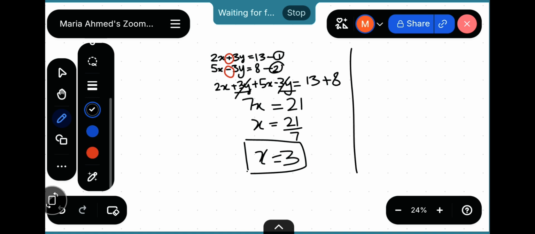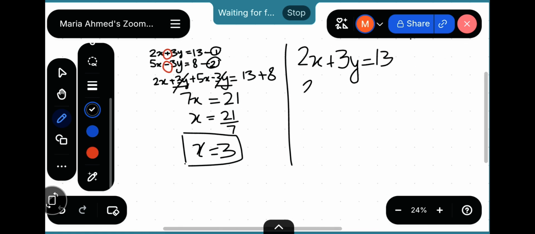Now we need to work out the value of y by substituting the value of x in any one of the equations. We can substitute it in equation 1 or in equation 2. So let's substitute the value of x in equation 1. So the equation 1 is 2x plus 3y equals 13.